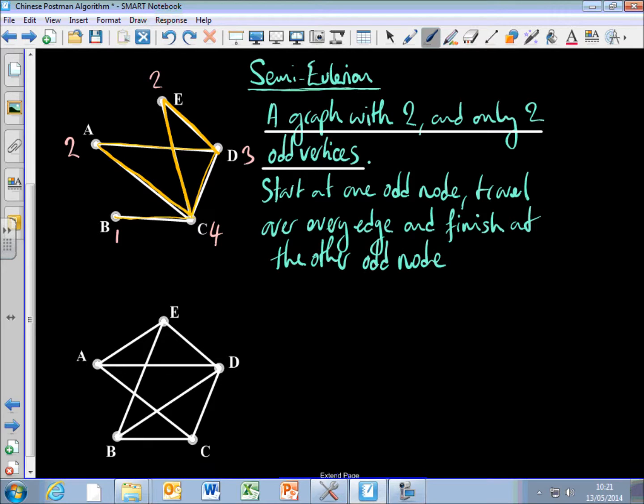So as long as I start at one odd and finish at the other odd, I can travel over every edge just once. And that's called a semi-Eulerian graph.